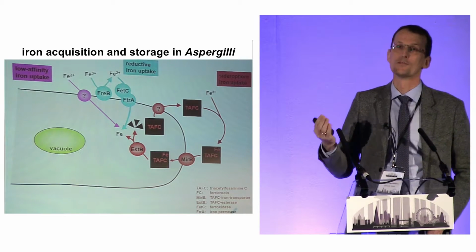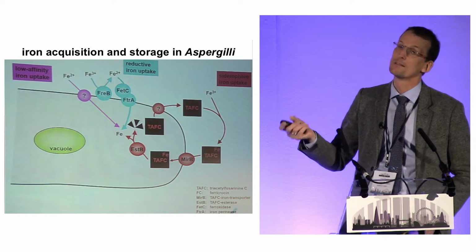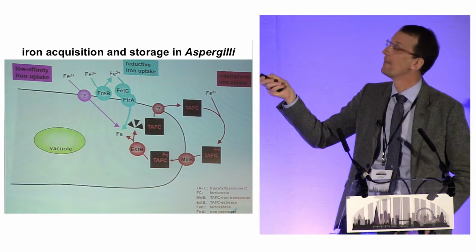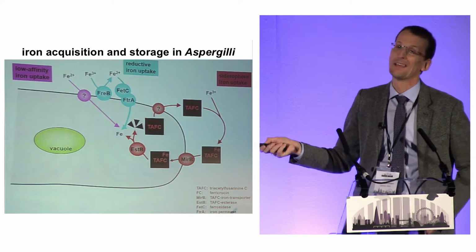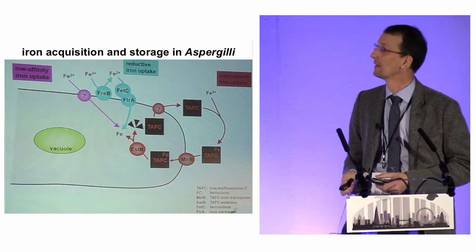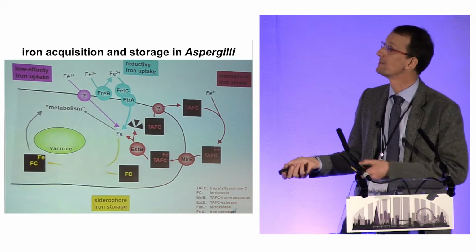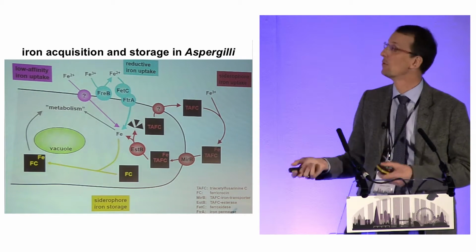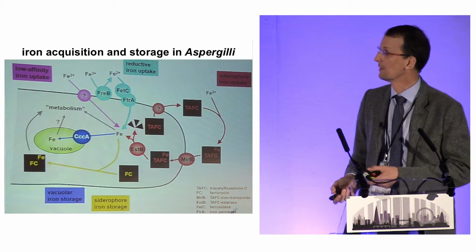The Aspergillus fumigatus, particularly 3-acetylfusarenine C. It's a cyclic iron chelator that is excreted and then specifically binds the iron, which is then taken up by a dedicated transporter and intracellularly metabolized and transferred also to intracellular siderophores like ferricrocin that is shown here, and then iron stored in the vacuole.